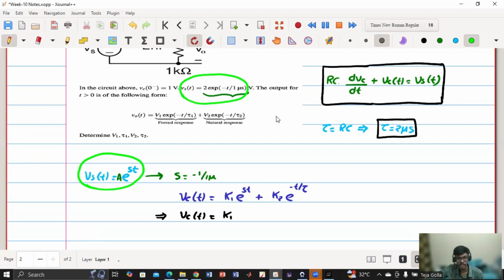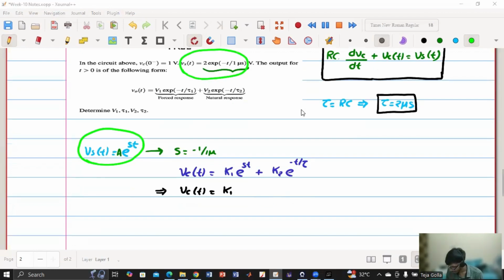S is some constant, and here it happens to be minus 1 by 1 micro. Now if I substitute s, I'll get k1 into e to the power minus t by 1 micro plus k2 into e to the power minus t by 2 micro. Agree how we are getting this expression?